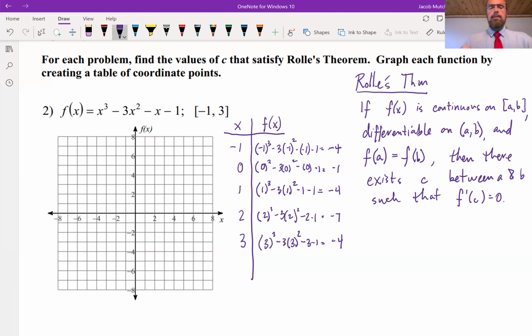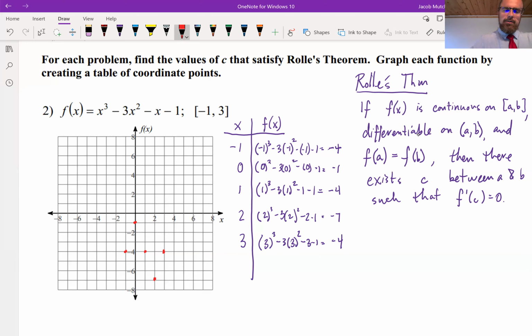So let's graph this and see if we can apply Rolle's theorem here. So -1, -4; 0, -1; 1, -4; 2, -7; and 3, -4.